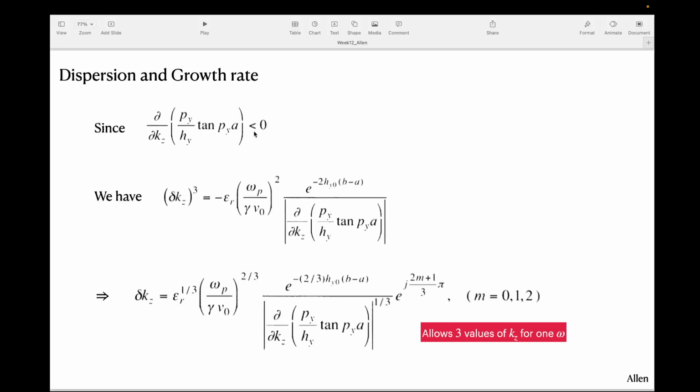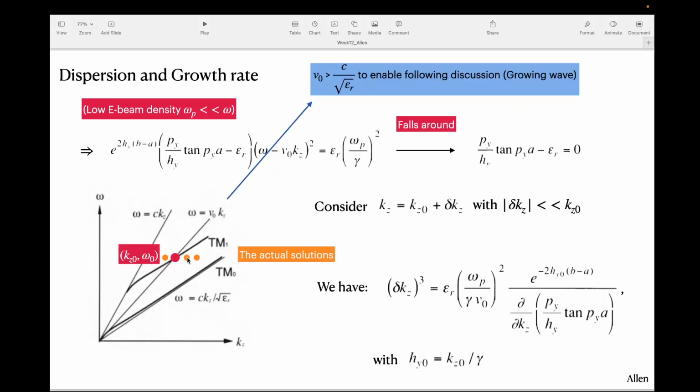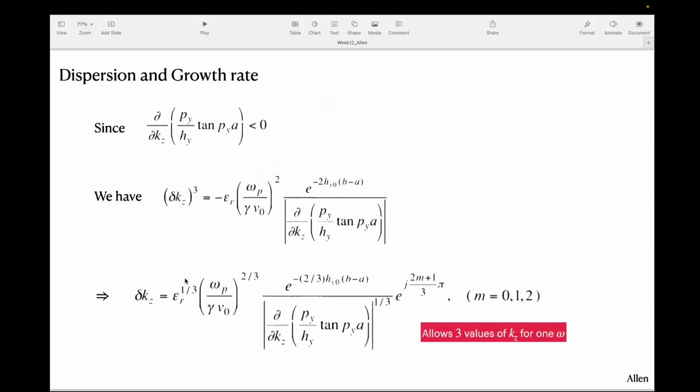And after some mathematical steps, which are shown in my answered questions, we can get 3 solutions for delta k, which means that there are 3 k for the solution, and that's why I plot 3 orange points rather than other numbers.